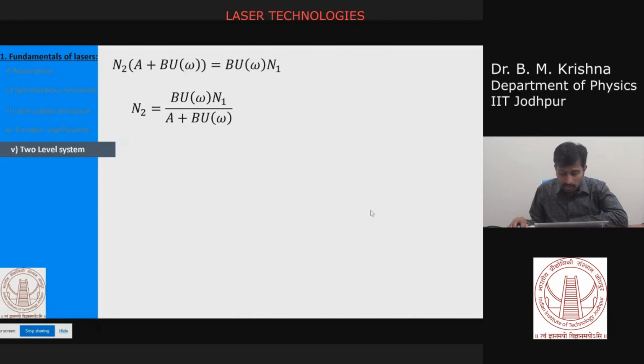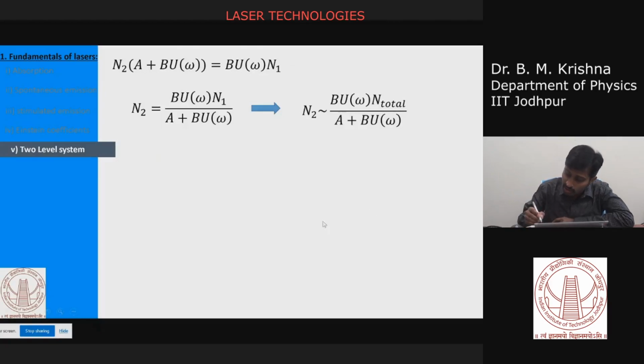So at initial conditions, your total N1 is almost your total population. So I am replacing N1 with, approximately, N total. But your A is always positive in any case, because you always have spontaneous emission. When you excite to the excited state, a certain portion always undergoes spontaneous emission, so A is always positive. So I am sending N total to this side.